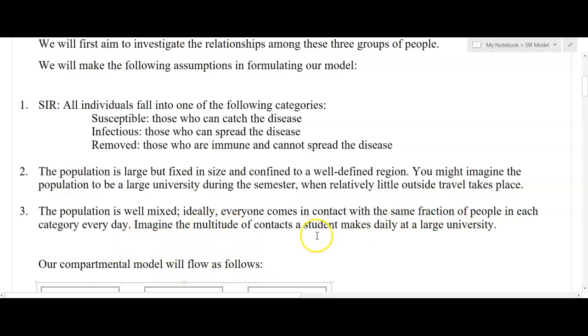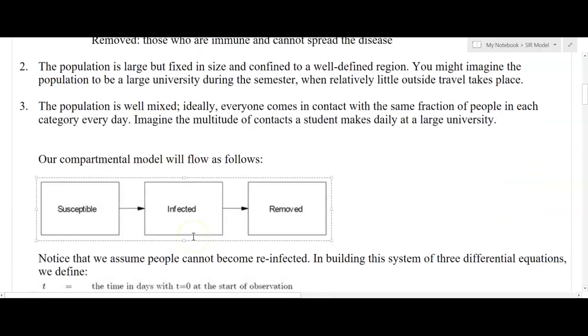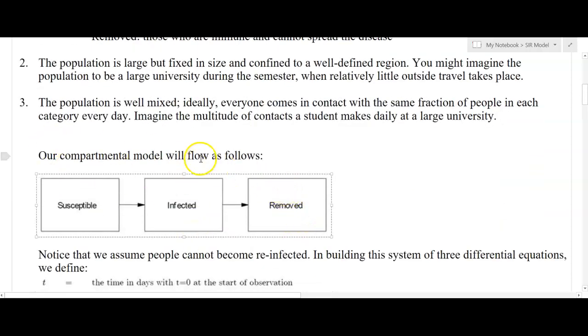Imagine the multitude of contacts a student makes daily at a large university. So we assume that these contacts are somewhat random in the sense that for the person you contact, there's a probability that they're susceptible, infected, or removed, based on the proportion of people who fall into each of these groups. So we have this compartmental model.